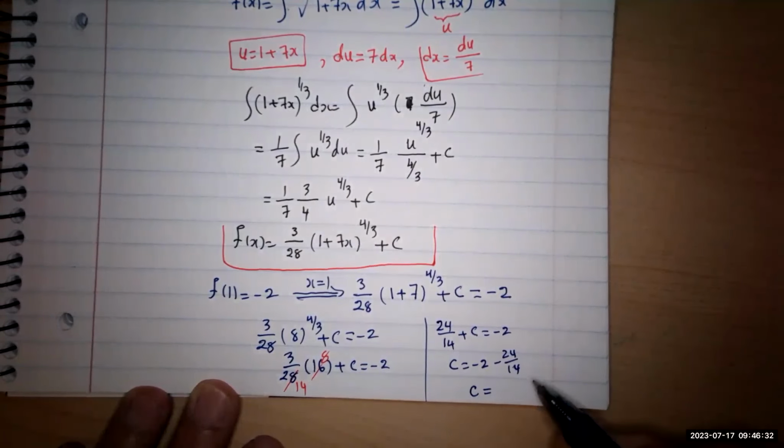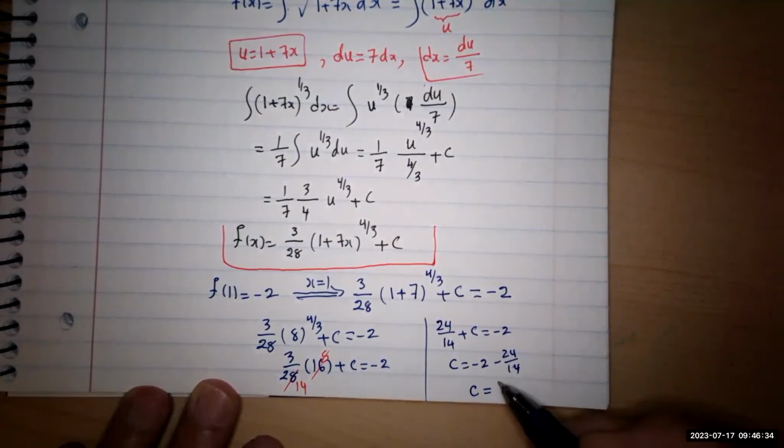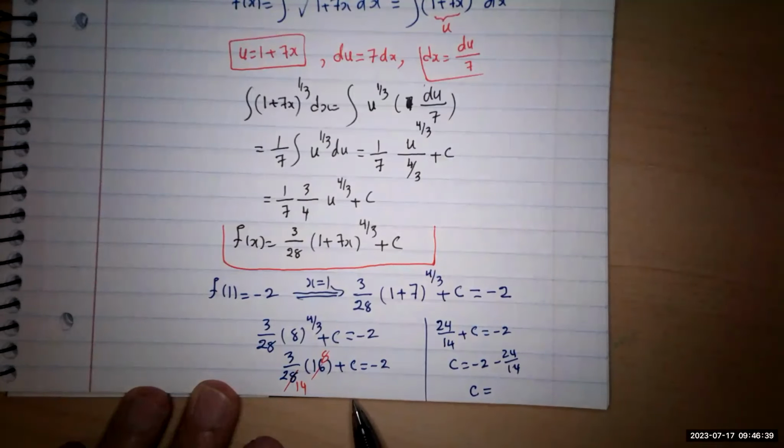So c is 28 minus 24, which is, I didn't make any mistake. So -2, -24. That gives us -26 over, what is that? That's correct. Yeah, that's a 16, and I know I can simplify that further.